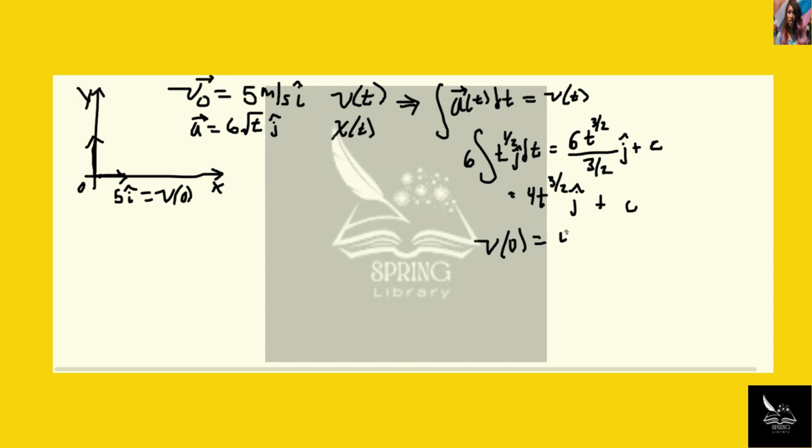That means you have 4 times 0, because you're putting in 0 here, to the 3/2 plus c. Now, what is v of 0 equal to? Well, we have to look back here. It's equal to 5 i. So that tells us then that, because this goes away, c is equal to 5 i hat.